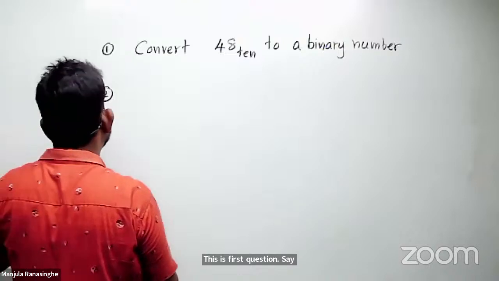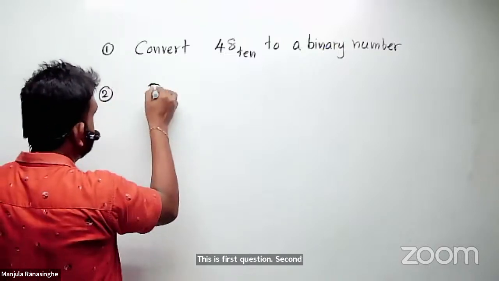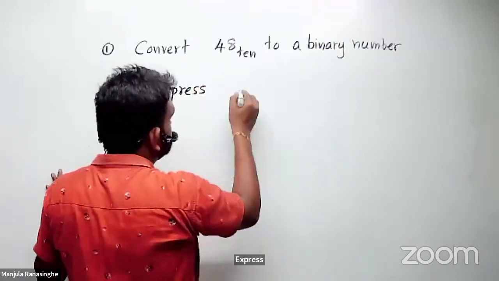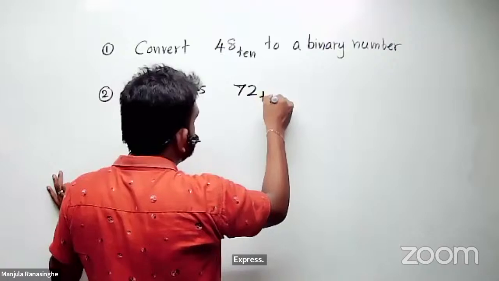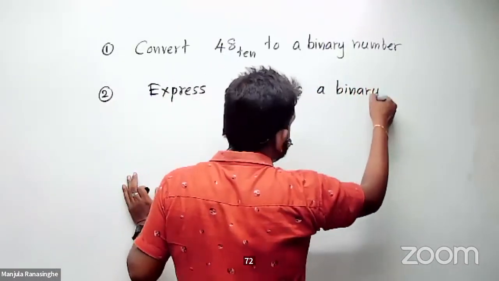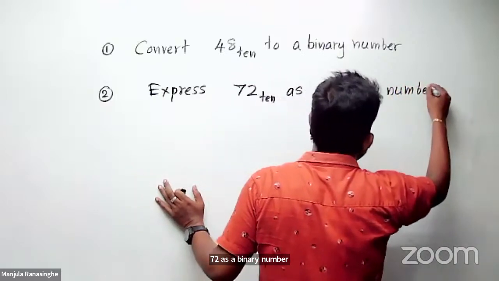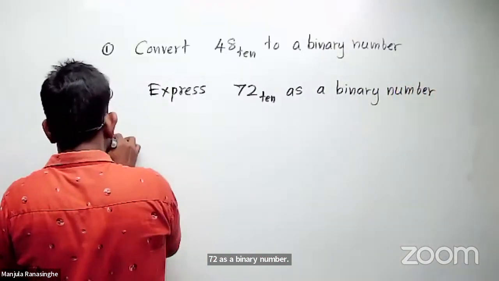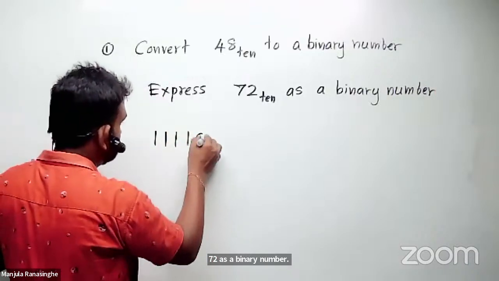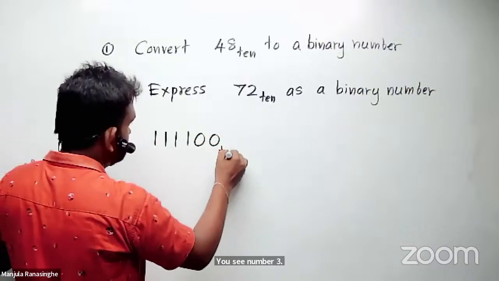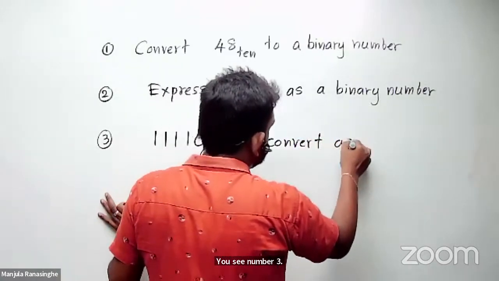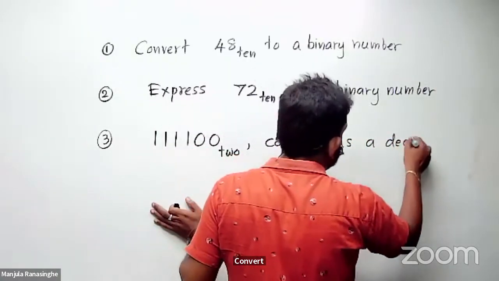Second, express 72 base 10 as a binary number. Question number 3. Convert as a decimal number.